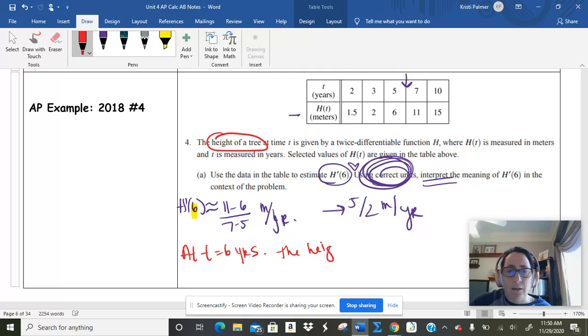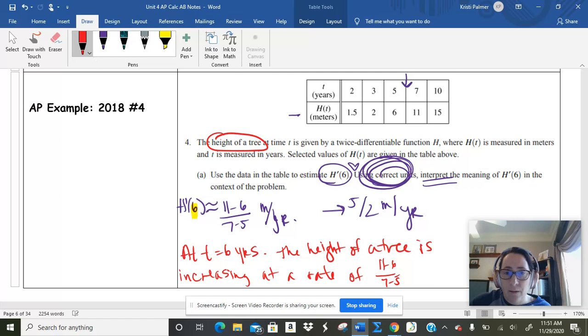So the height of a tree is, and in this case, we could say increasing, or you could say changing, whichever you like, is increasing at a rate of, and you could leave it like this, meters per year. Okay? Or you could simplify it.